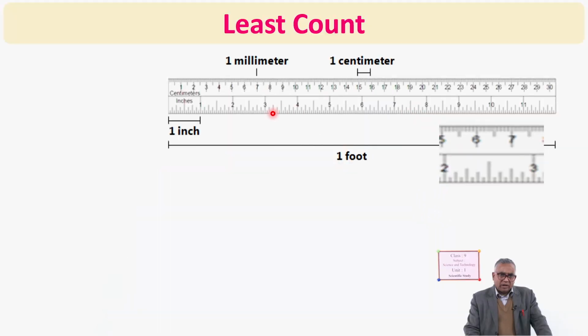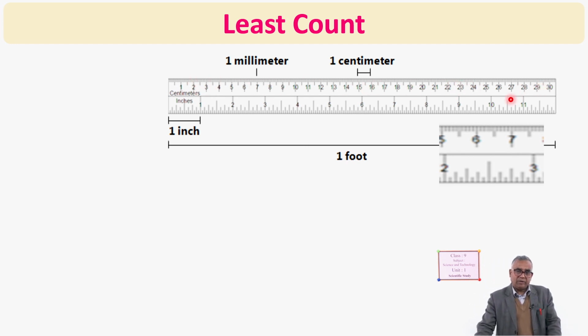You can see it in the diagram also. Here the upper one which is given is 1 foot long, I can say a 30 centimeter long scale, and from 5 to 6 you have to count the number of segments.